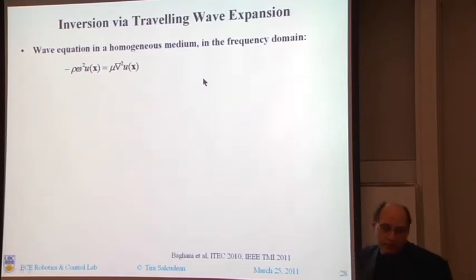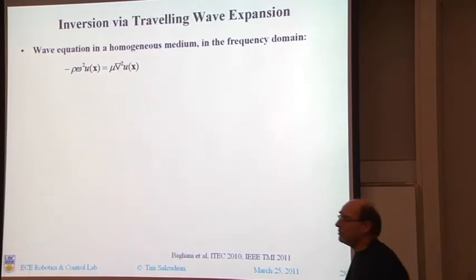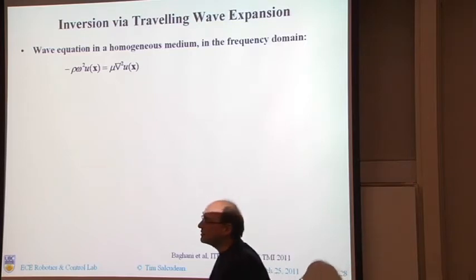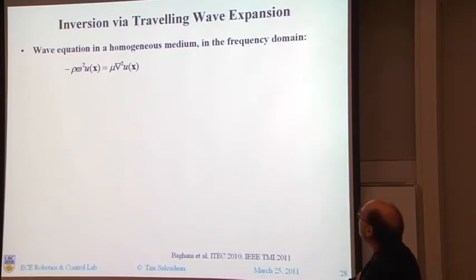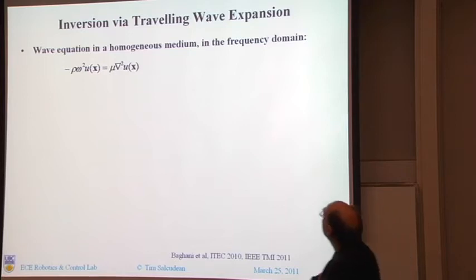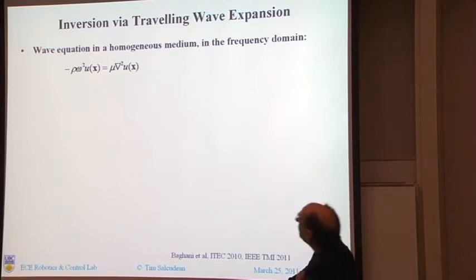There is a different type of inversion that we can do for the harmonic case. This is based on the shear wave equation in the frequency domain in a homogeneous medium.